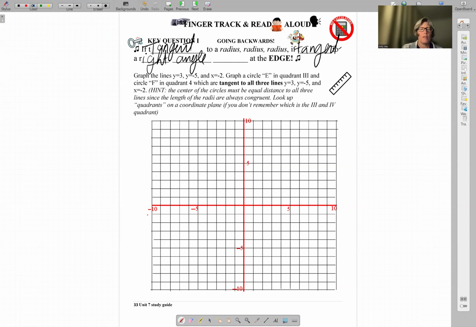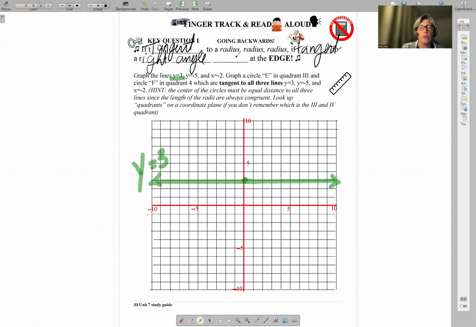So we have lines y equals 3, which is all the points where y is 3, and that is a horizontal line. So that's y equals 3.